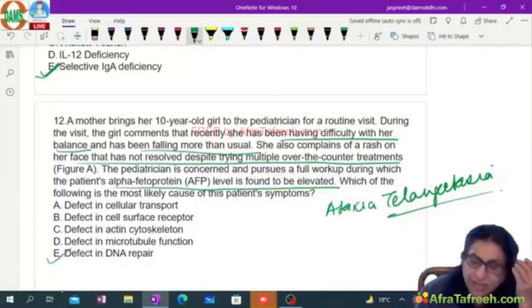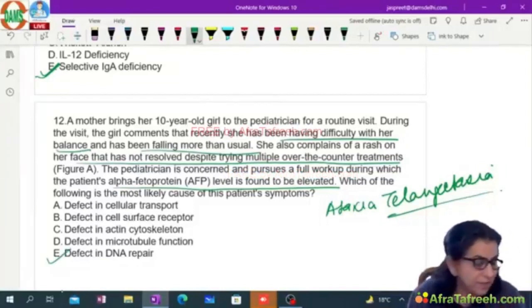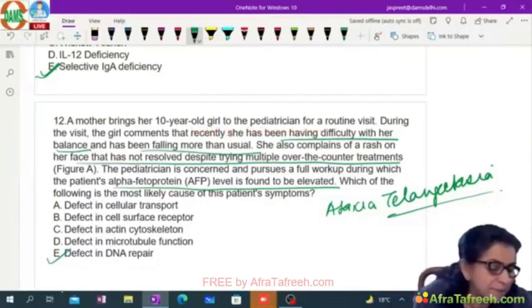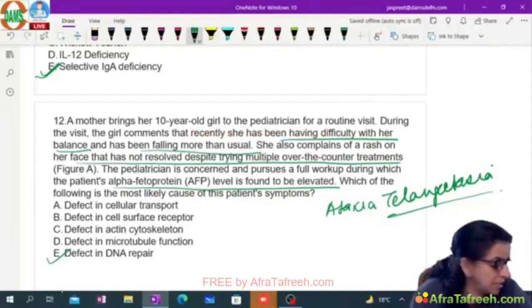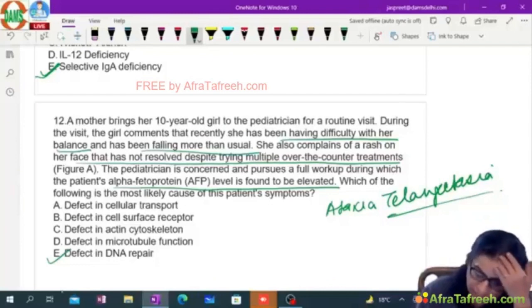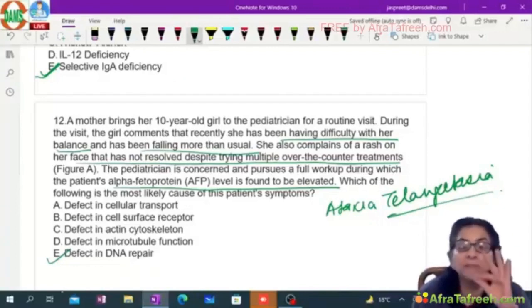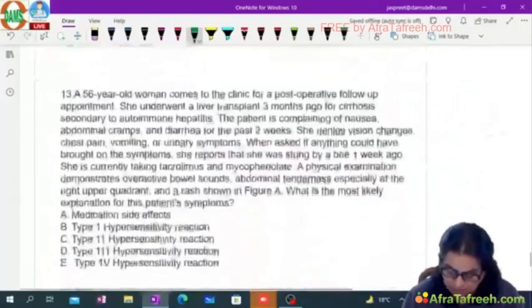So the answer is E, that is defect in DNA repair. So in ataxia telangiectasia, there is a defect in DNA repair, a defect in repairing double-stranded DNA breaks.